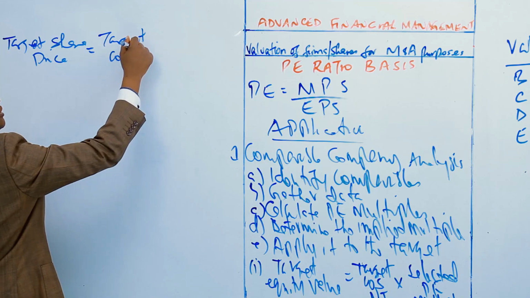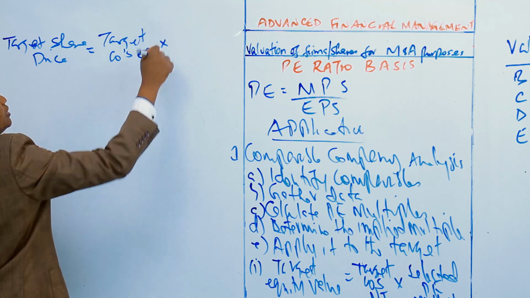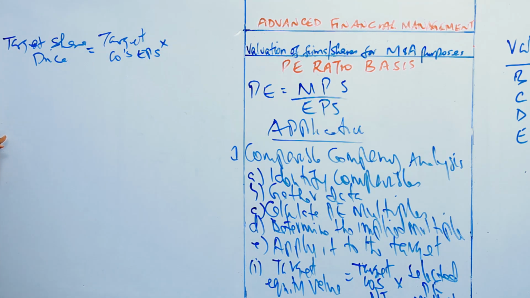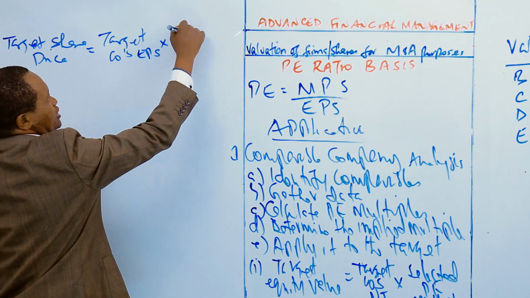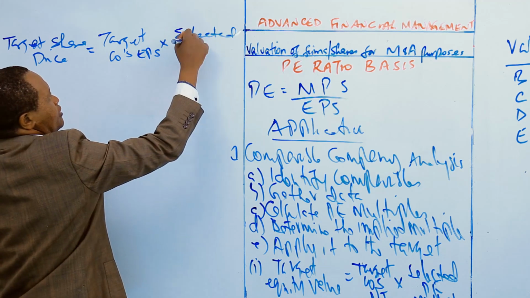You multiply the target company's EPS by the selected PE multiple.